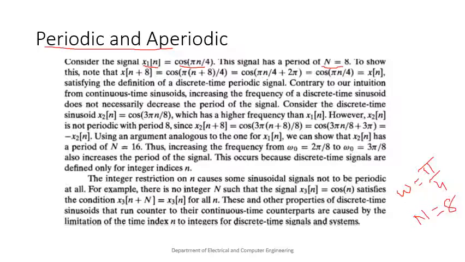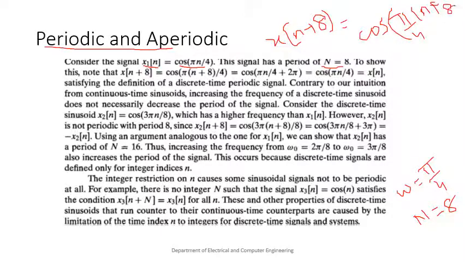To show this, note that x of n plus 8 means we are computing cos of pi by 4 times n plus 8. This becomes cos of pi n by 4 plus 2 pi.